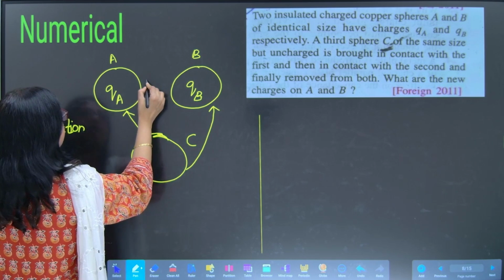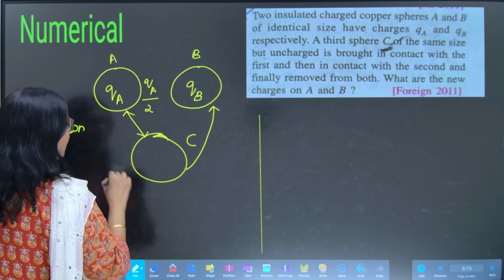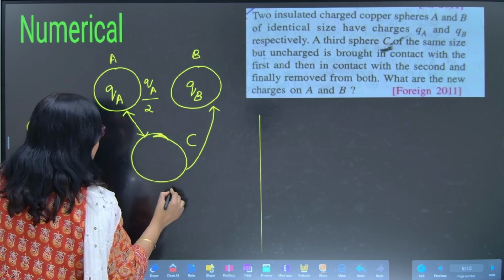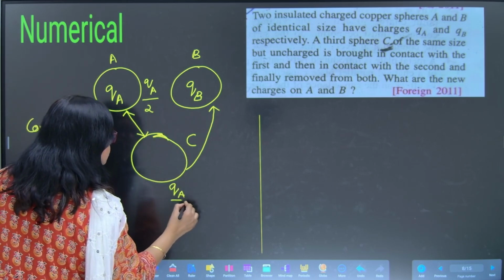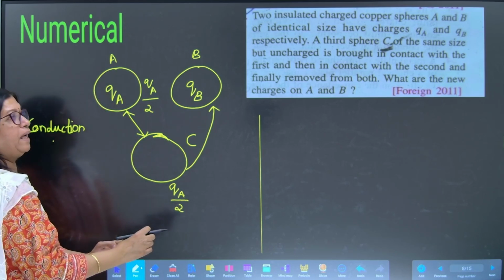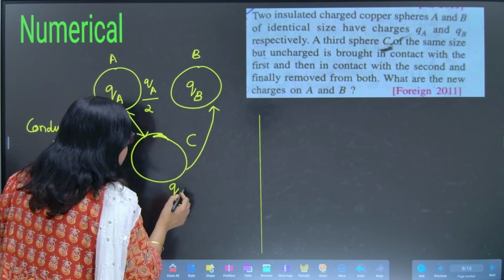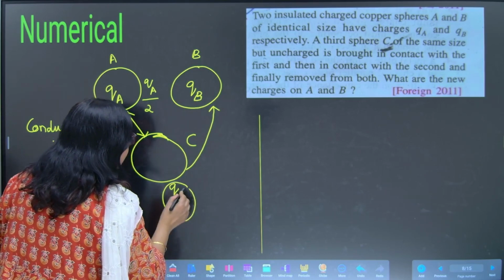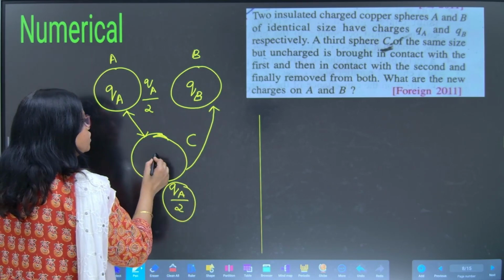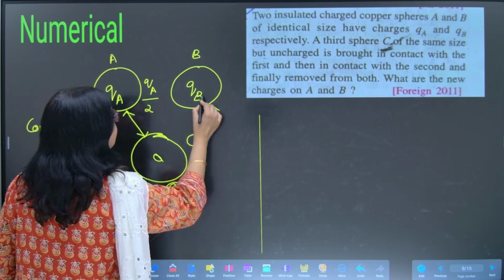So the charge on sphere A will be QA by 2, and the charge on sphere C will also be QA by 2. Now this sphere C is removed from A and kept in contact with B. So this sphere C has QA upon 2.